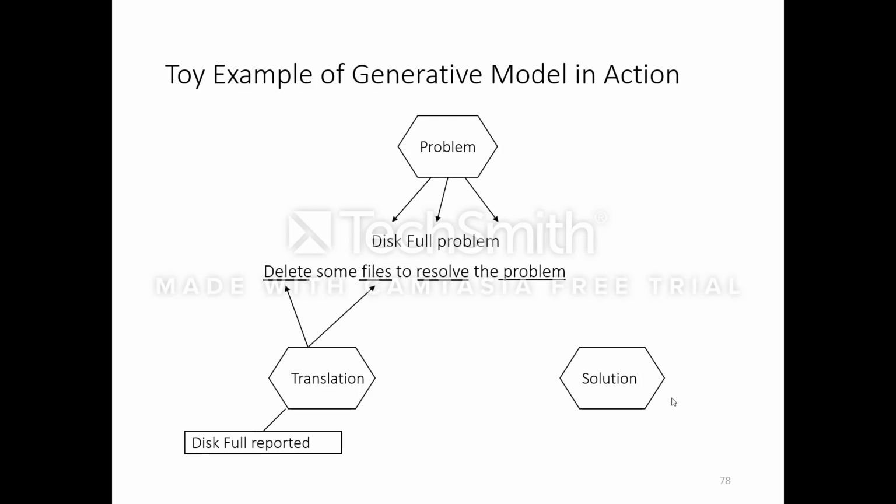So you might intuitively say that delete and files are related to the particular problem, and so they might be better supported by the translation model, whereas words like resolve and problem, etc., might be better supported by the solution language model. So this is basically the intuition behind the approach. There are some words in the solution that are heavily related to the problem at hand, and there are some words in the solution that are kind of generic solution words.